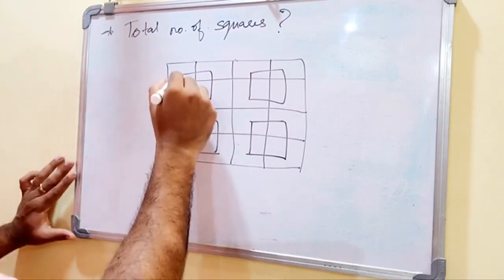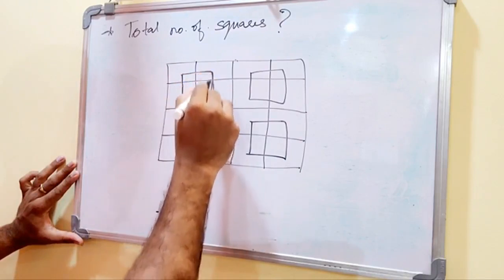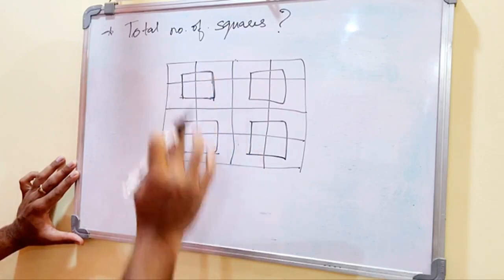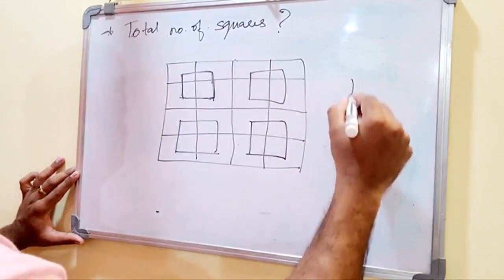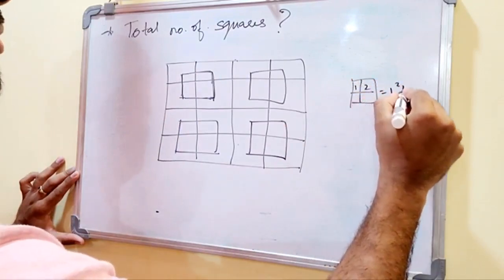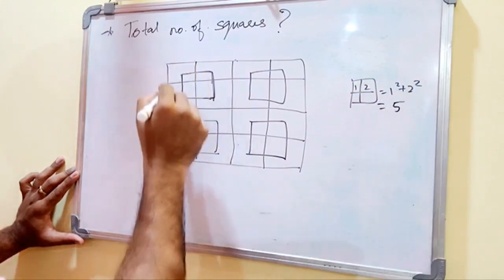So we know that these smaller squares, from the previous example, contribute 5 squares.